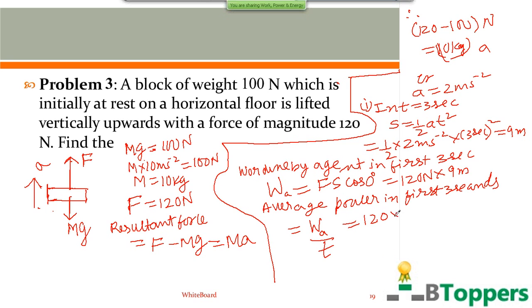That is 120 into 9 joules by 3 seconds. So that will be 360 watts. That's the answer for the first part of the question. Those who want to copy down the solution of the problem, they can take a pause and copy it. Next, I am going to discuss the second part of the question.